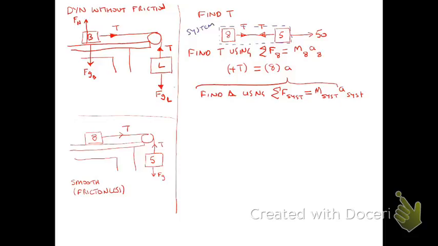So I would say plus 50. There's no force pulling back on the system. The T's are inside, so they're not external forces to the system, is equal to the mass. The mass of the system is 5 plus 8 times the acceleration of the system.